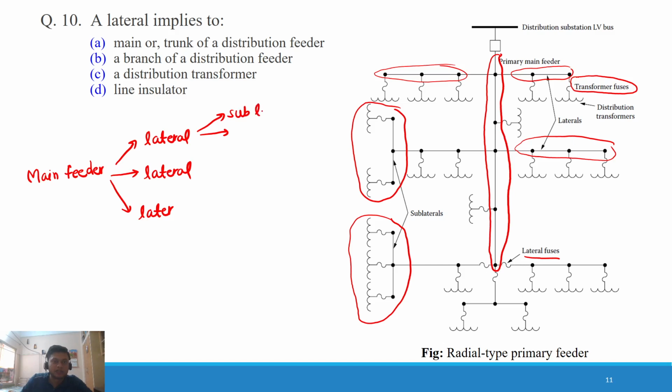Suppose lateral one has two sublaterals, and suppose the second lateral has three sublaterals.